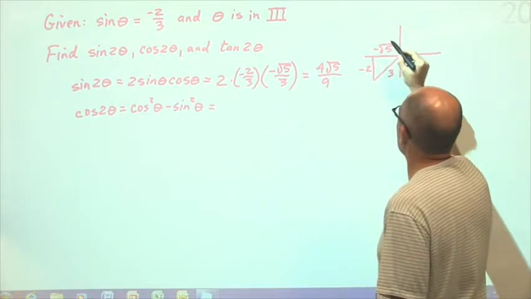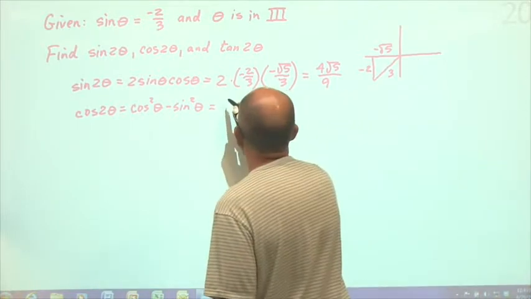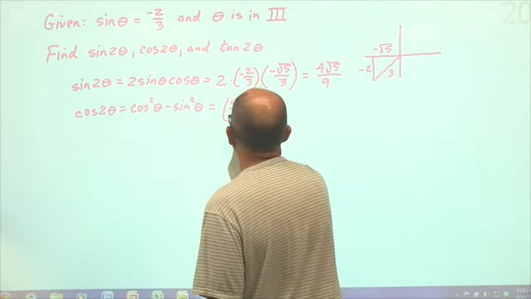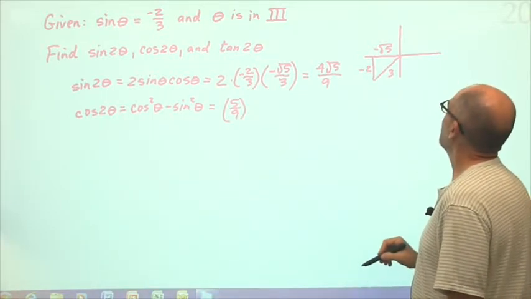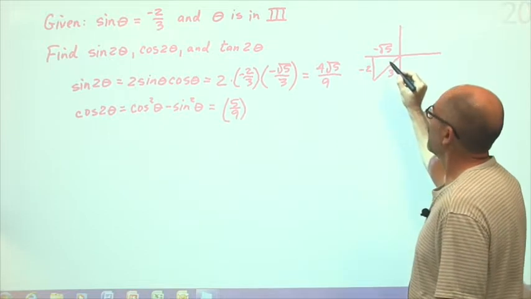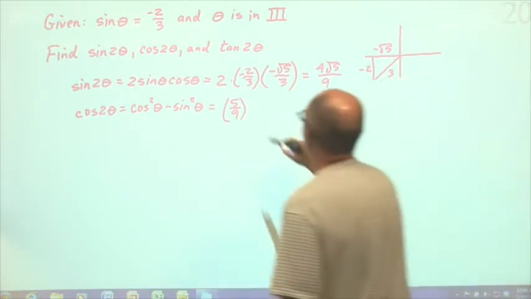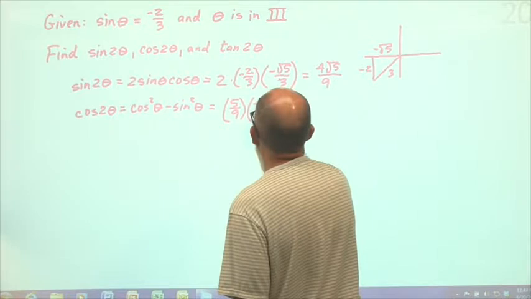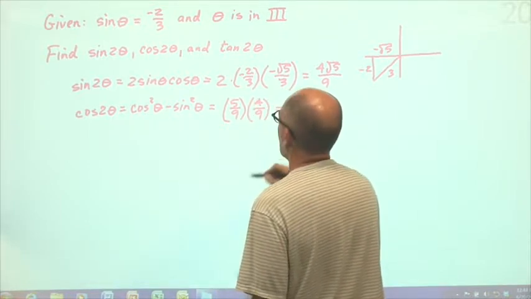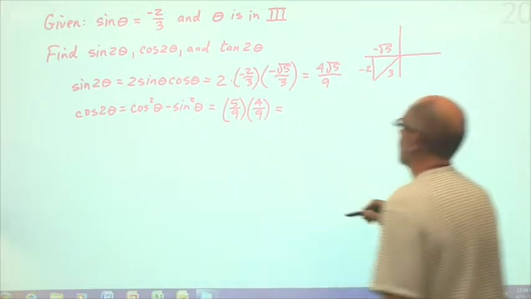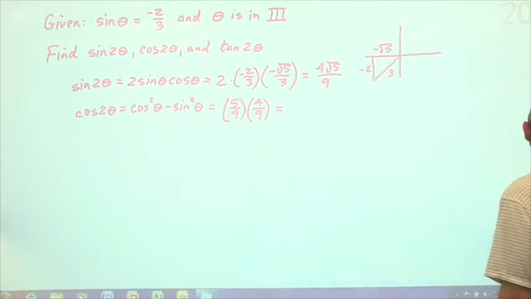When I square that, I get 5/9. And squaring a negative makes a positive. And sine is negative 2/3, so when I square that, I get 4/9. So, oops, it's 5/9 minus 4/9.